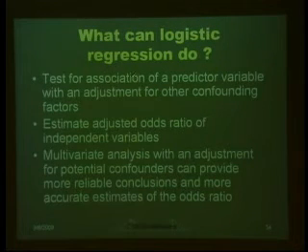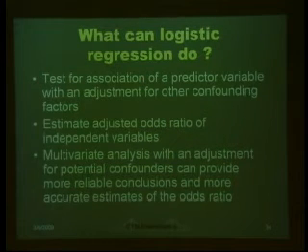And then, what can logistic regression do? That's probably our interest. We can fit the model, but what can it do for us? The first and probably most common thing we would like is to test for the association of a predictor variable with adjustment for other confounding factors.